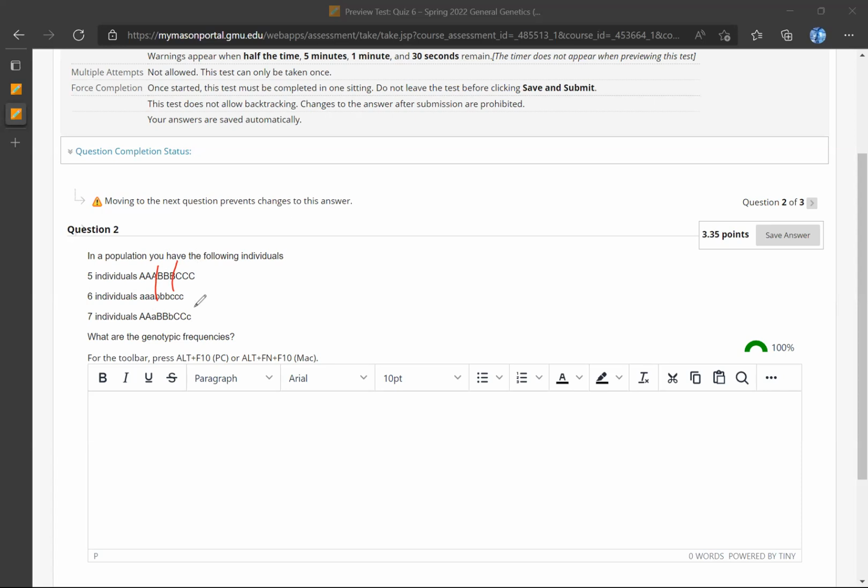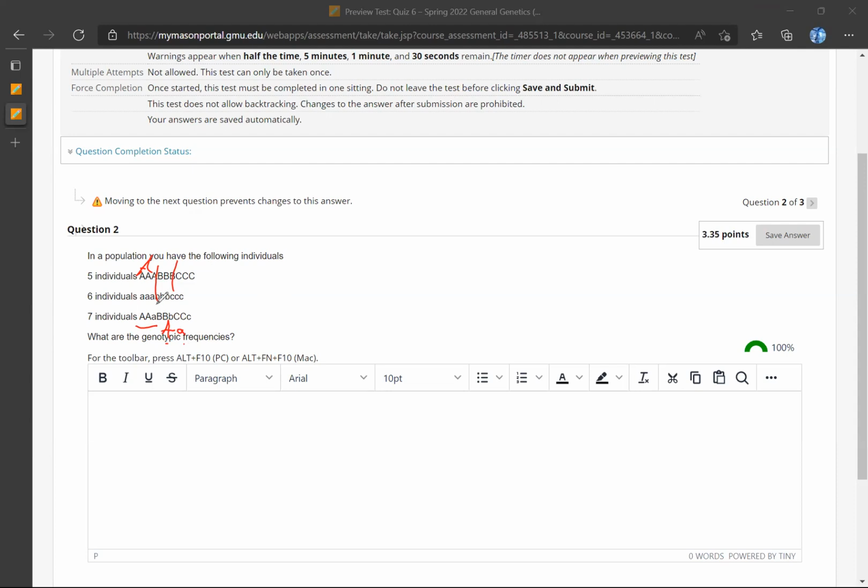Alleles present for each locus would vary with each genotype. In the first genotype, we see that there is only one kind of allele, one variant of the A gene, and that's the capital A. But in this individual, there are two different alleles, two different variants of the A gene, one being capital A, one being lowercase a.